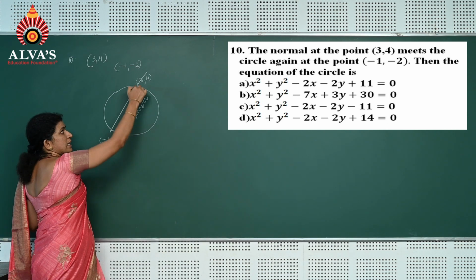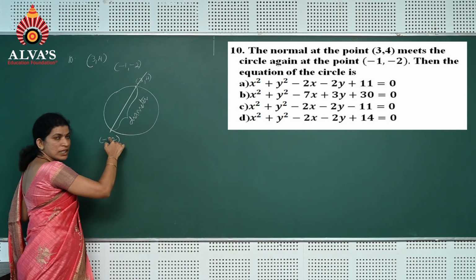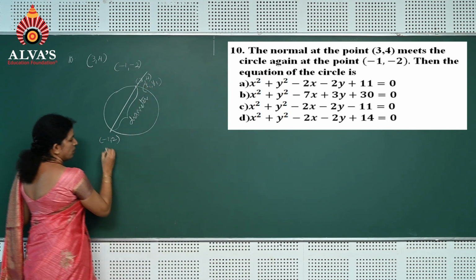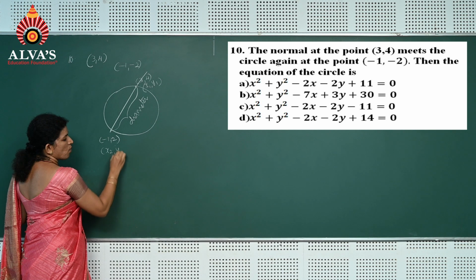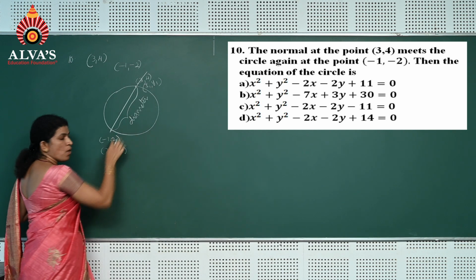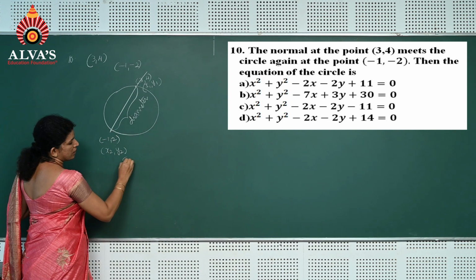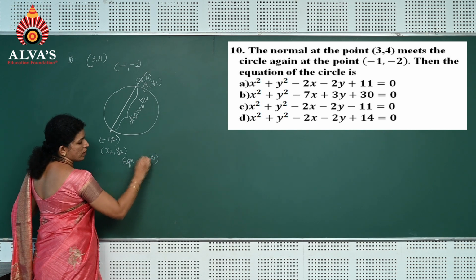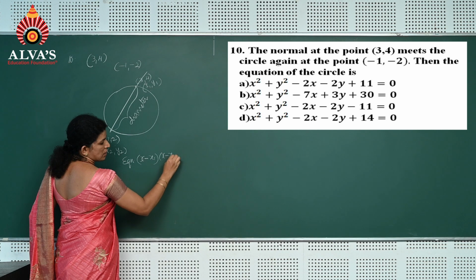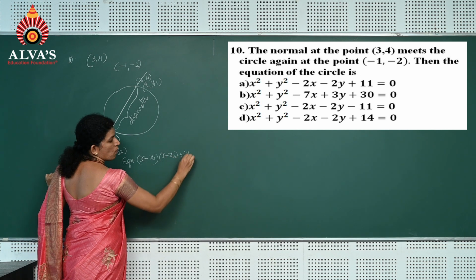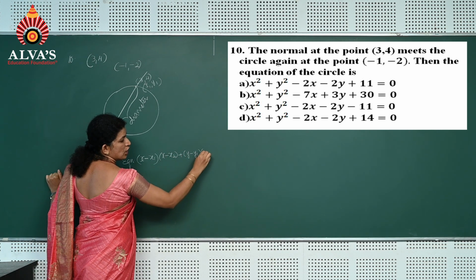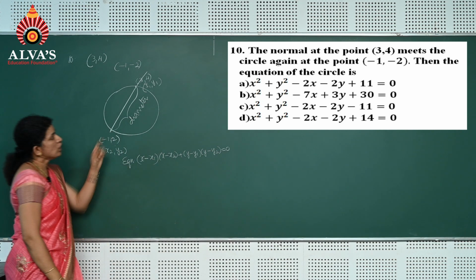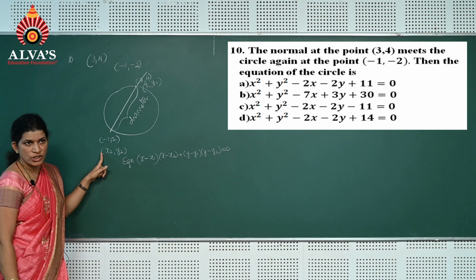We know when the end points of the diameter are given, that is, if (x1, y1) and (x2, y2) are the end points of the diameter, then the equation of the circle is (x - x1)(x - x2) + (y - y1)(y - y2) = 0. So the end points of the diameter we have.